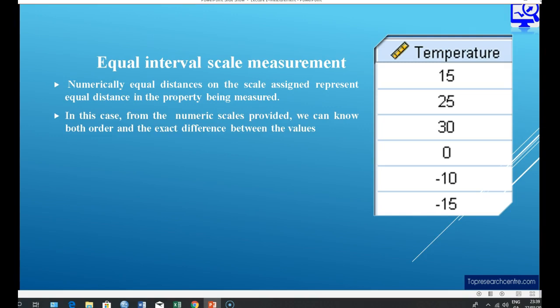So this is equal interval scale. And when you have a variable measured at this level, you can perform all mathematical operations or statistical procedures on that particular equal interval scale.